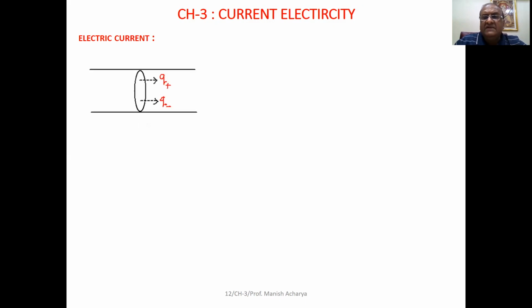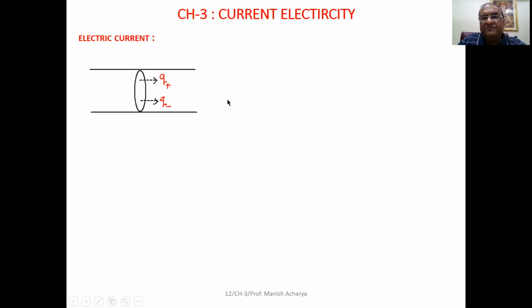Suppose we have any conductor as shown in this figure. Now, imagine any cross section of the conductor. Through this cross section, suppose in a given time t, total positive amount of charge Q plus, as well as total negative amount of charge Q minus, flows from left side to right side as shown.